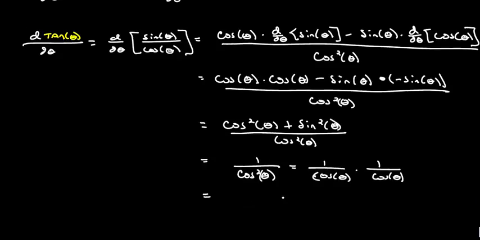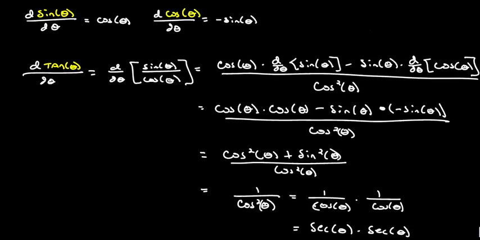And 1 over cosine is secant. And secant times secant, of course, is secant squared theta.